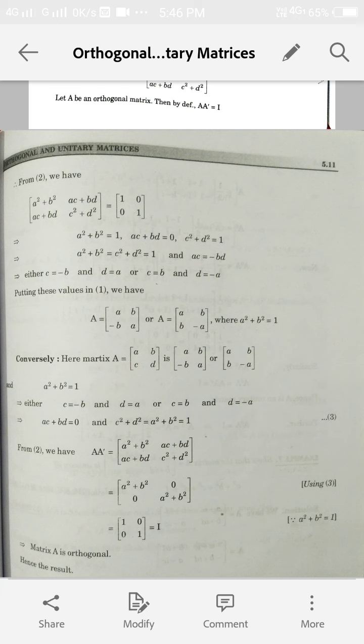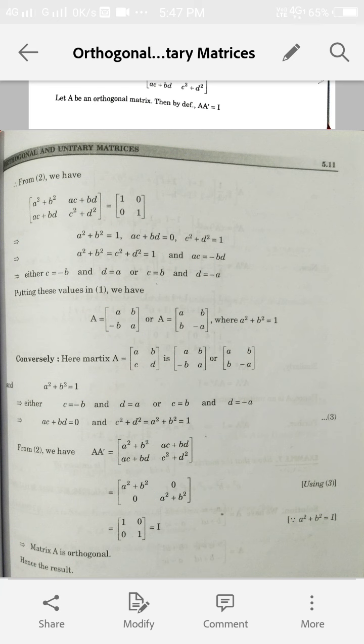Means either c will be minus b and d is equal to a, or c is equal to b and d is equal to minus a. Then only the condition ac is equal to minus bd will be satisfied, because square of you can say positive or negative will be always positive, but product will be negative only if one of them is negative.